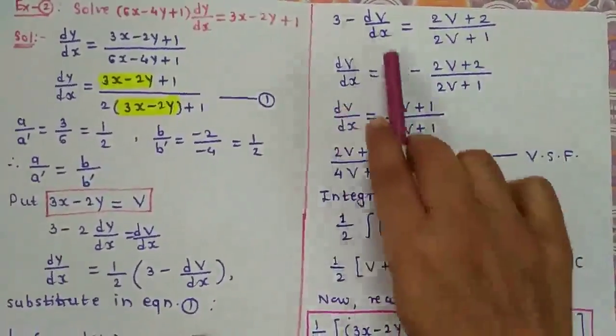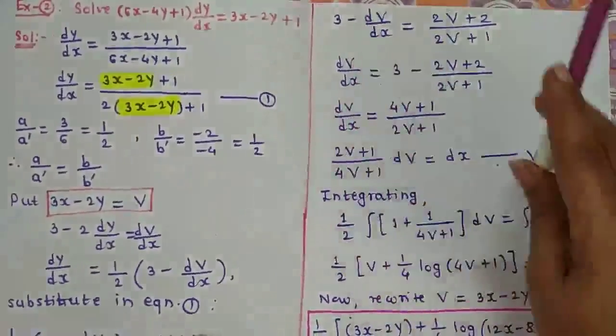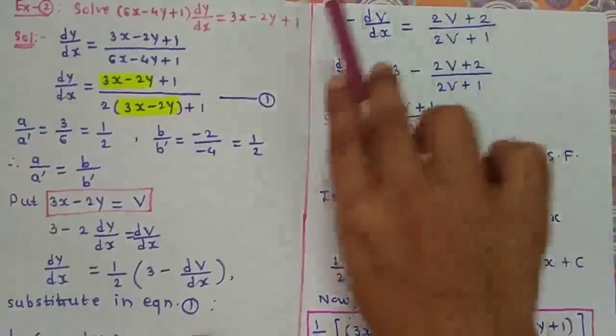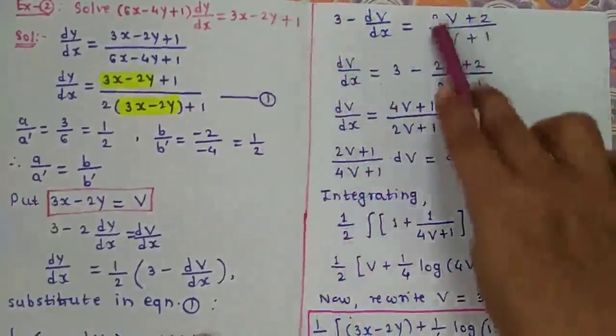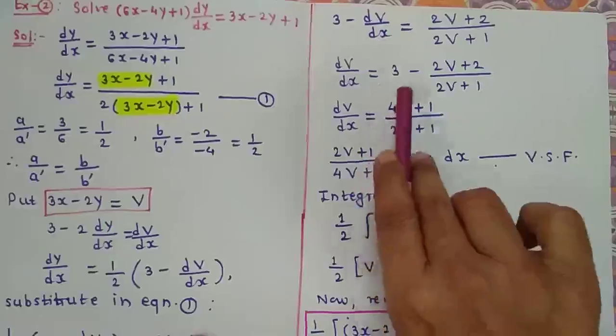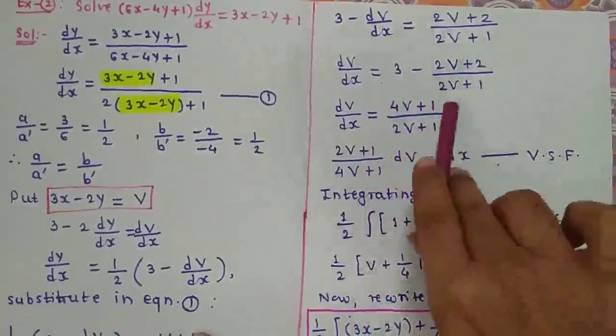Right, now we shift this minus dv by dx to the other side, and this term to the other side, meaning this term gets subtracted from this 3. Okay, and hence we get dv by dx equals 3 minus (2v plus 2) upon (2v plus 1).